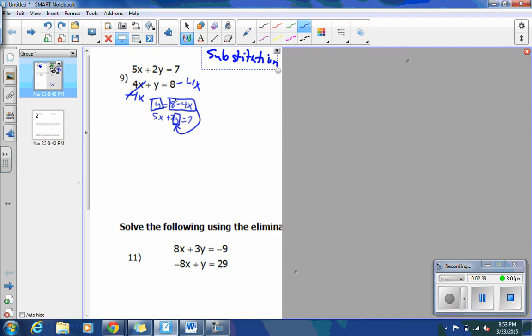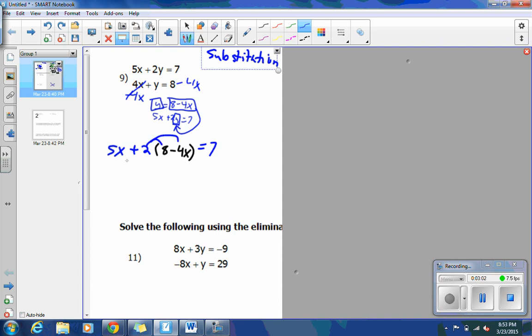Since we're plugging this 8 minus 4x into this equation, we'll have the 5x still, plus 2, instead of times y, we are going to do 8 minus 4x. And so that's equal to y, we can replace it. And that's equal to 7.